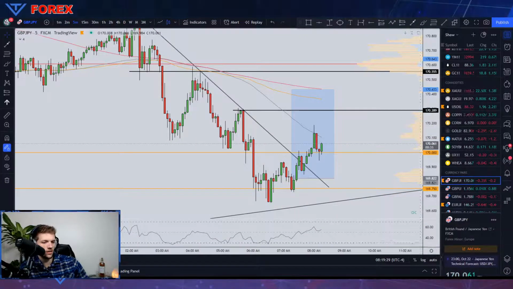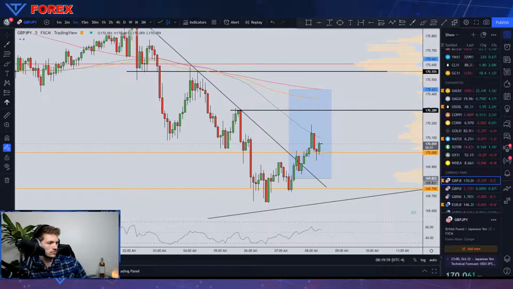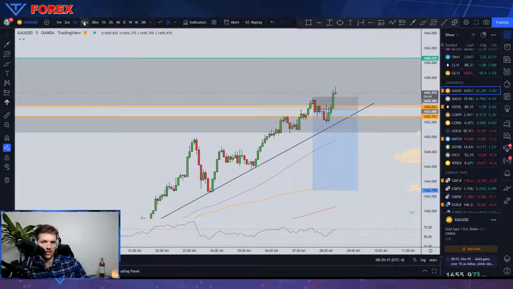820 volume is coming in 30 seconds. All right, gold, 820 volume coming in now.